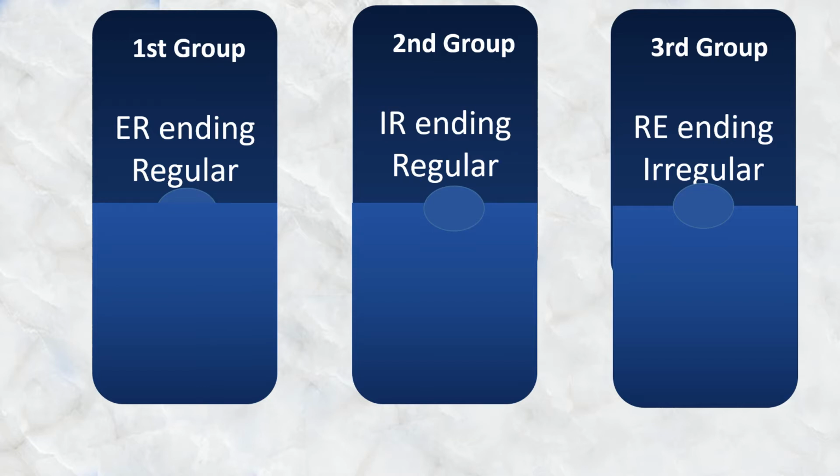The good thing about it today is that we are looking at the first group, the regular ones. All the ER verbs are regular except one which you might know already, which is aller, A-L-L-E-R. Aller, which means to go, doesn't belong to the first group. It belongs to the third group.